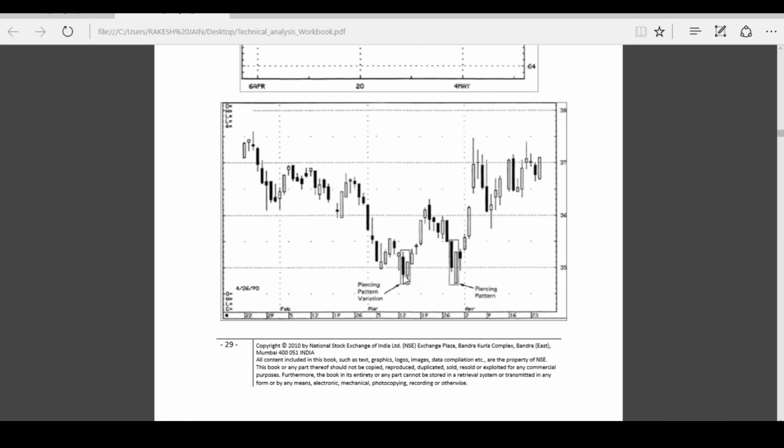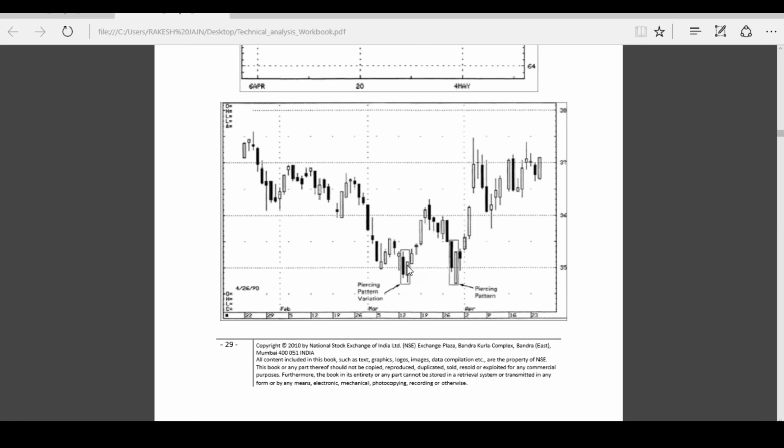See, this is a piercing pattern. Engulfing pattern, what happened? The whole of the real body of this black would have been covered by the real body of this white one. They are interrelated, they are nearby, but when the whole of the real body of day one is covered, it's called the engulfing. When not the whole, but more than half is covered, it's called a piercing.